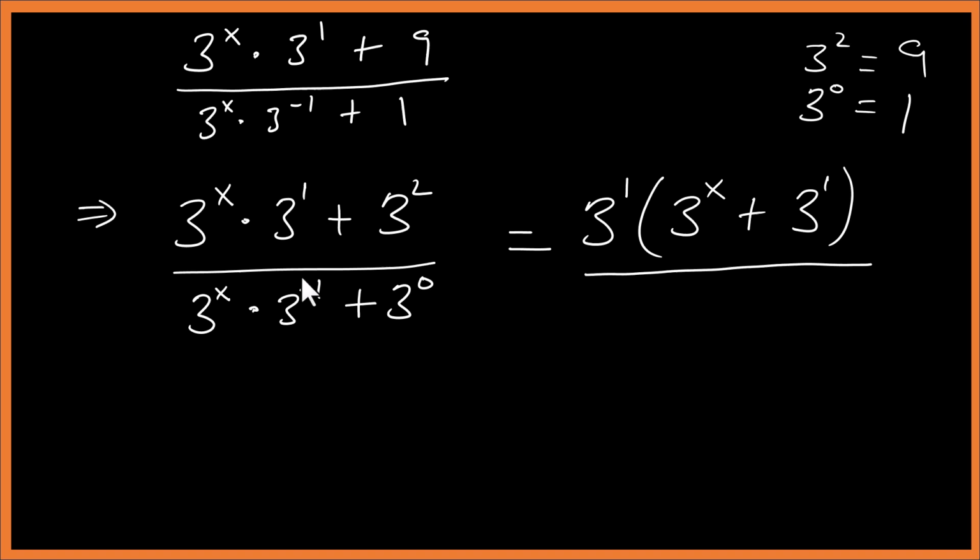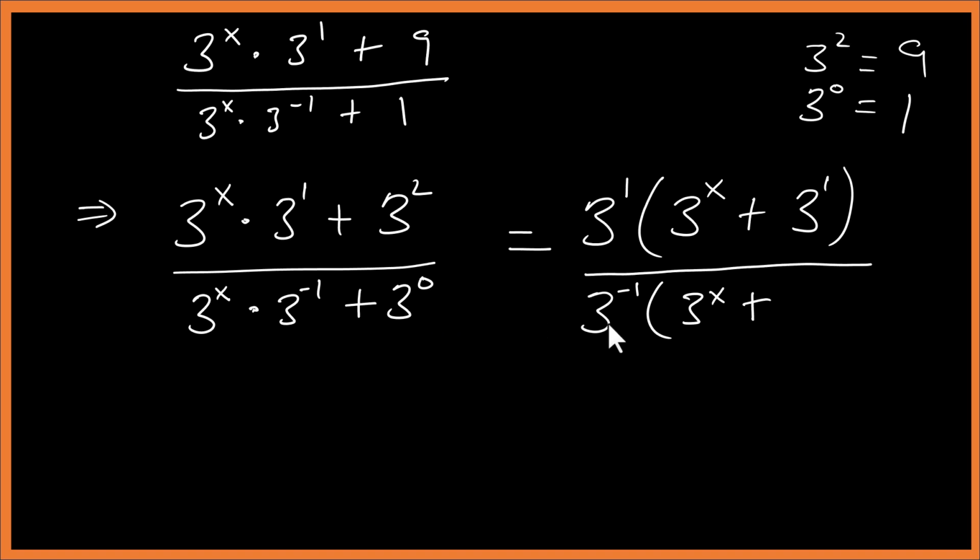Now, let's take the 3 to the power minus 1 out and see if we can manipulate what is inside the bracket. So this side will be 3 to the power minus 1 times (3 to the power x plus ...). Now, we know this side is 3 to the power 0. So what should we do to this?